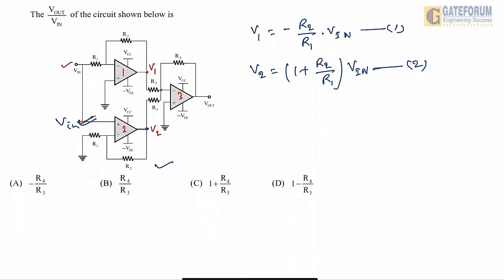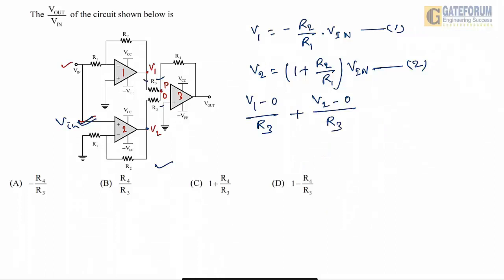Let's call this node point P, and apply KCL at node P. As per the virtual short, if the non-inverting terminal of the third op amp is at ground, then the inverting terminal will also be at ground, so point P is at ground. Applying KCL at node P, we get (V1 minus 0) divided by R3 plus (V2 minus 0) divided by R3.